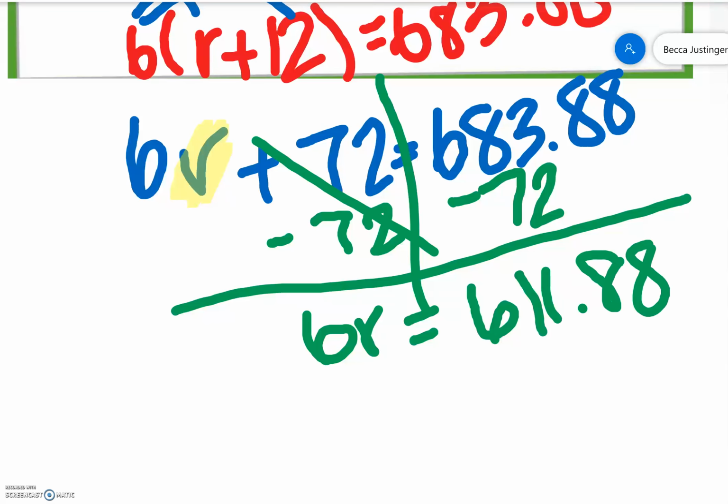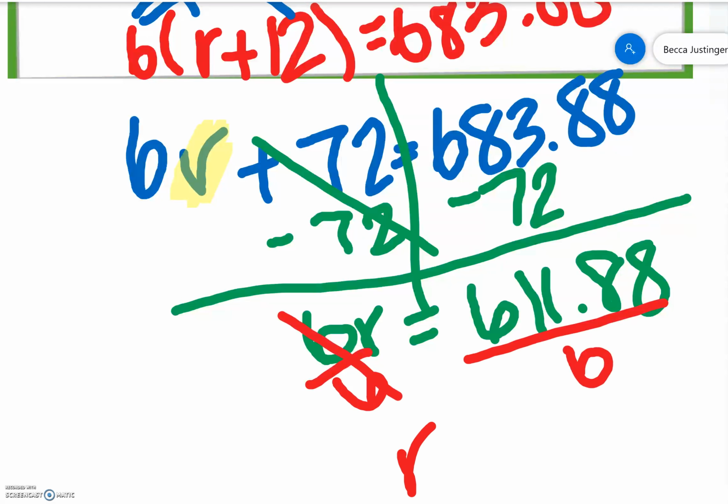611.88. Then the last step is to get r by itself, and r is being multiplied by 6. So we need to use the inverse operation, which is division. Whatever you do to one side, you do to the other. Cancels out on the left. Then we grab our calculators. 611.88 divided by 6 equals 101.98.